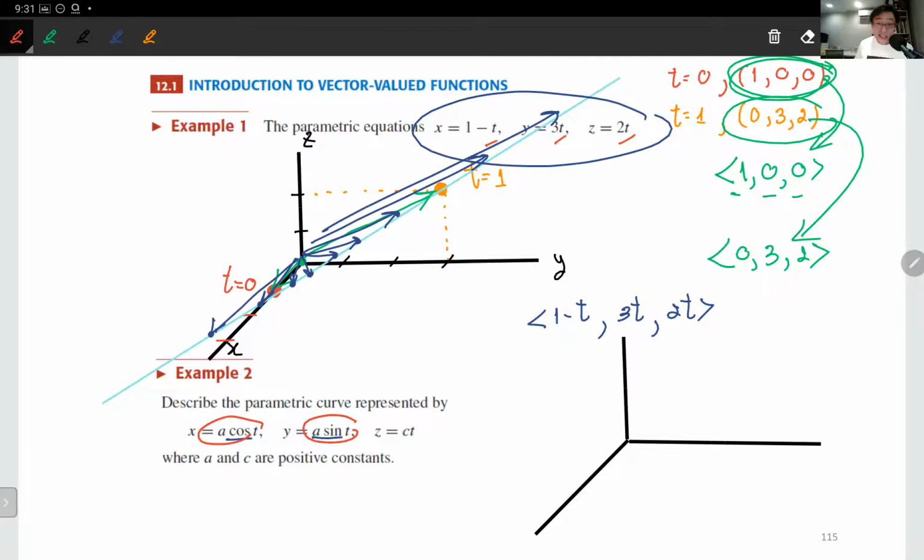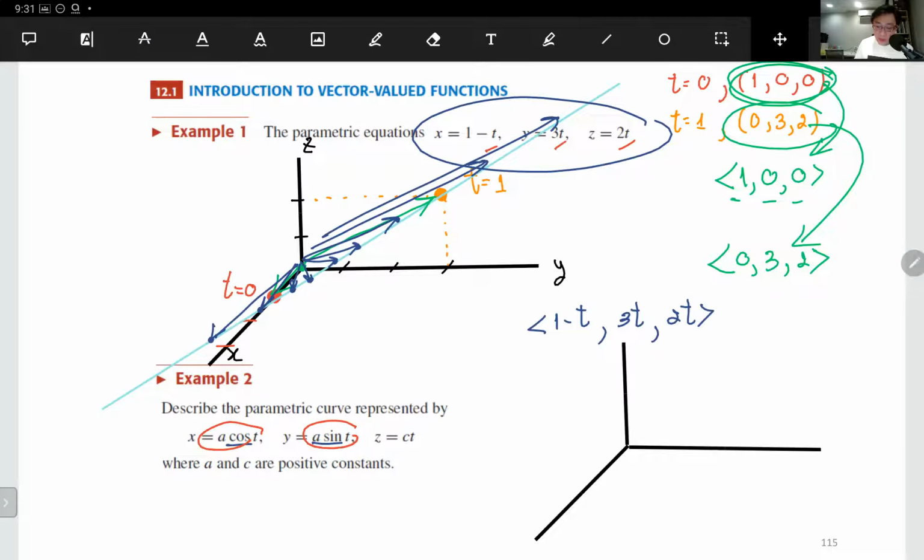If you don't care about the z component at this point, you're looking at a circle of radius a. You remember that, right? A cosine t gives you the x component. A sine t gives you the y component. So just by looking at the x and y coordinates, what you're getting is a circle of radius a.